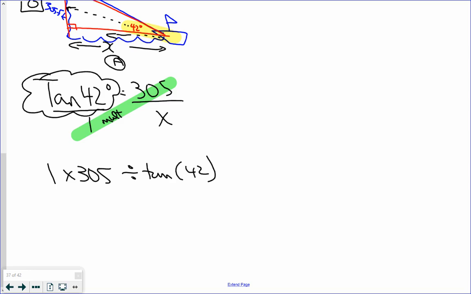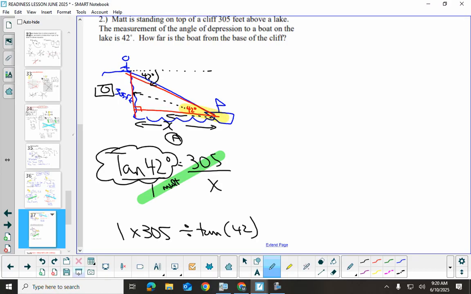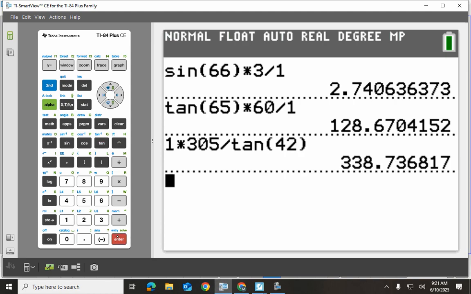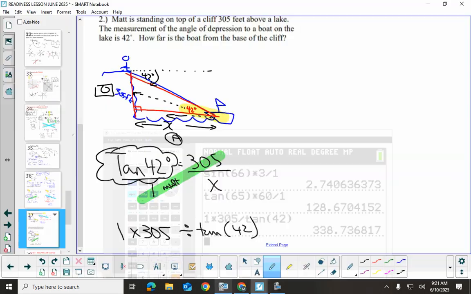You have to do the multiply first. You have to do the divide second. So again, if you do it in the wrong order, you're not going to get an error. You're just going to get a wrong answer. So 1 times 305 divided by tan 42. Work it out, 338.7. So that is how far the boat is off the shore.